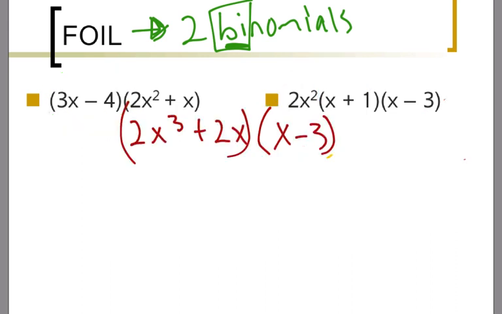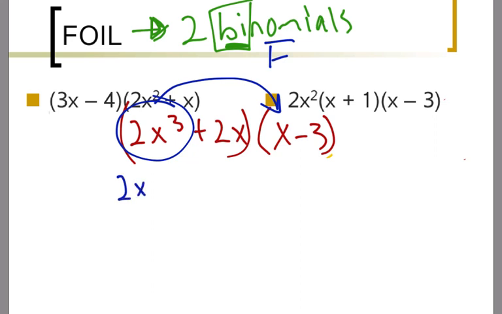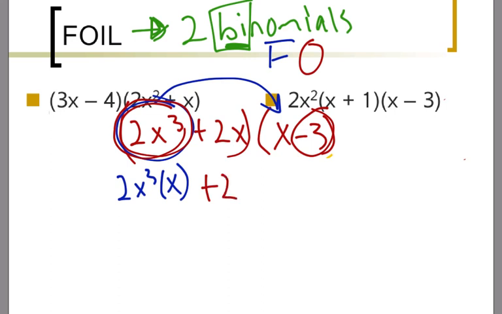For the sake of space here, I went ahead and erased and moved the problem up. So I want to go ahead and distribute, or FOIL. I do my first, which is my 2x to the third times the x, so I get 2x to the third times x. Then I do my outers, so I do my 2x to the third times my negative 3, so it's plus 2x to the third times my negative 3.